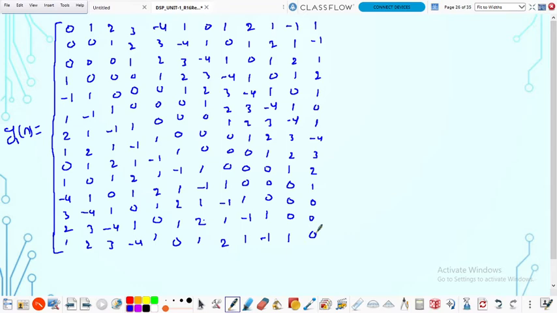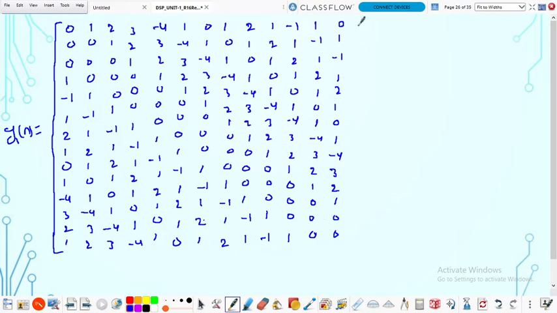Again rotating circularly in the anti-clockwise direction, we get the samples 0, 1, minus 1, 1, 2, 1, 0, 1, minus 4, 3, 2, 1, 0, 0.